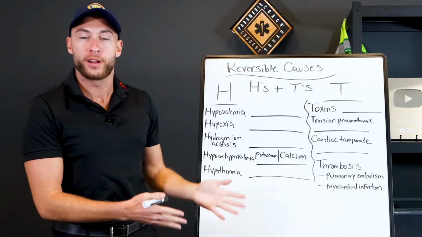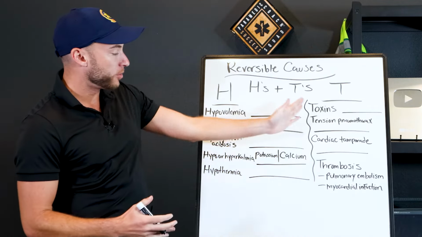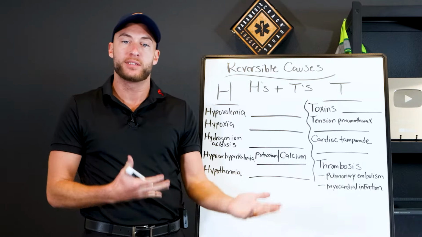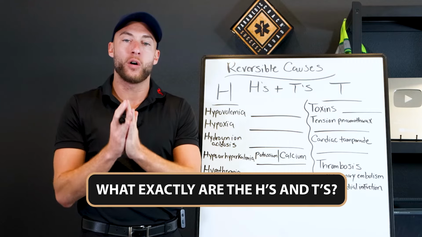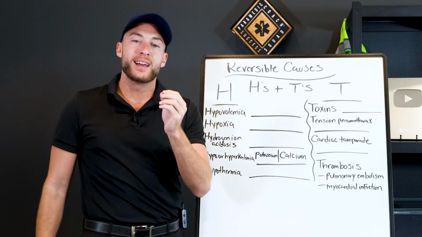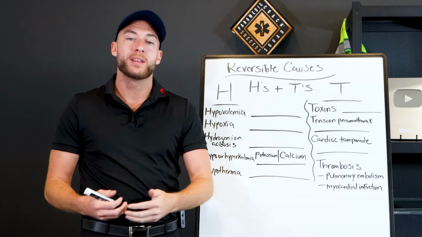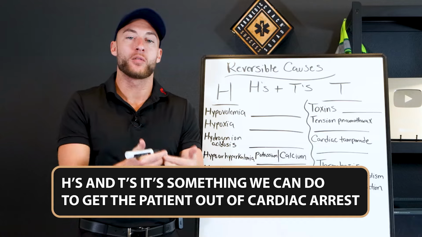So we're gonna have a little fun here and go over the H's and T's. And you see I left some of these blank to explain how we're actually gonna treat these H's and T's. So let's go over this. First, what exactly are the H's and T's? The H's and T's are the reversible causes, meaning it's something we can do to get the patient out of cardiac arrest.